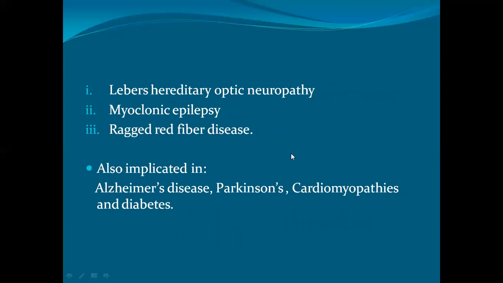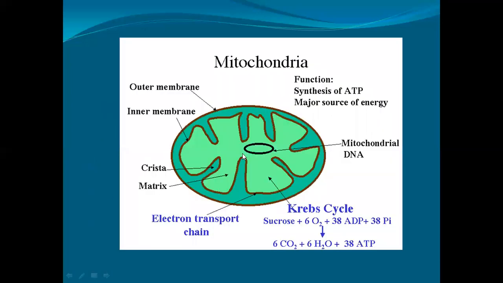Then Leber's hereditary optic neuropathy, where the mitochondria of the optic nerve have some defect. So this is the structure of mitochondria. You can see the outer membrane, whose function is synthesis of ATP, a major source of energy. This is the mitochondrial DNA, these are the cristae, which are the folds, and inside is the matrix.